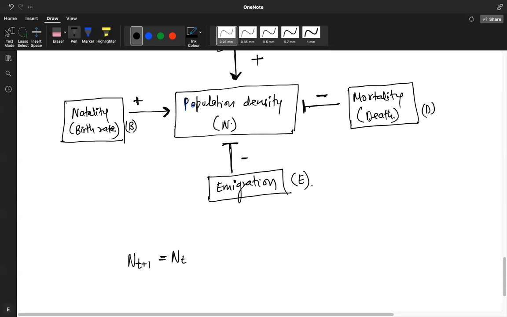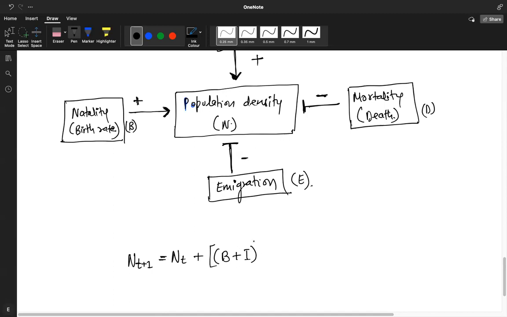So whatever is T, let's say in year 2022 is T, then in 2023, which is T plus 1 year. So how will I do that? Nt plus 1 is equal to Nt plus what factors will add to it? B plus I, correct? This will add to it.